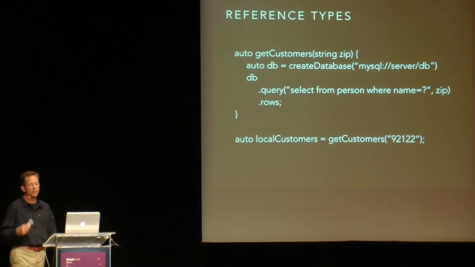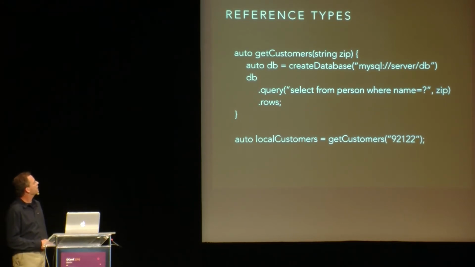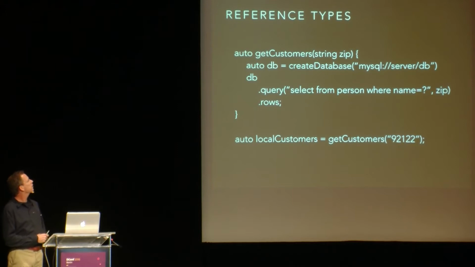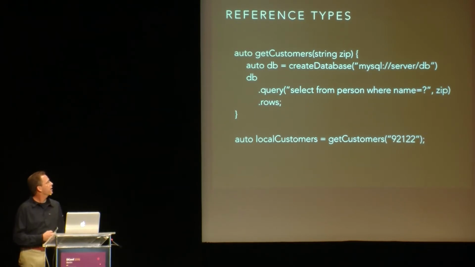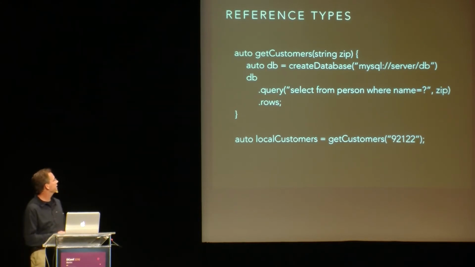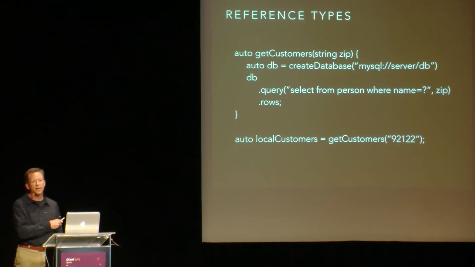So I'll probably go into a little bit more detail about how that's affected the design. But one of the things that's clear here is I've got this method called getCustomers. Within it, I'm creating a database, and I'm getting query and rows, and what I'm missing actually here is a return statement. But you can imagine there's a return at the end there, and it's simply returning the row set.